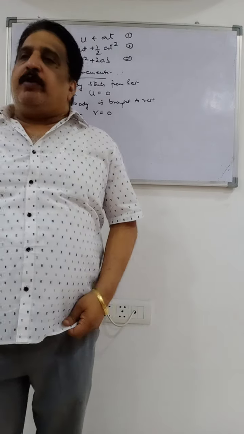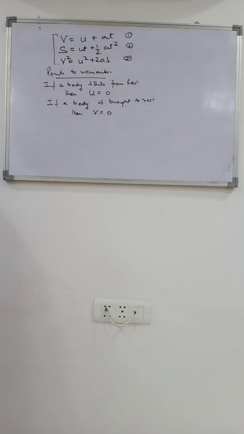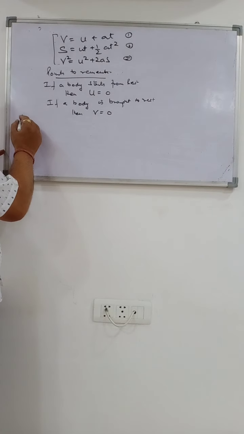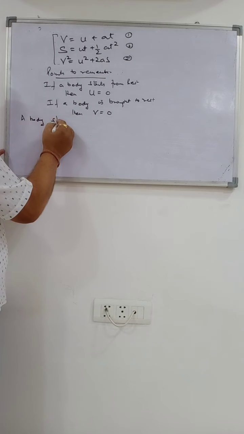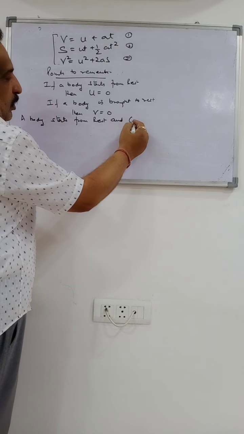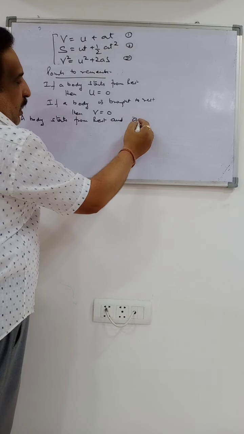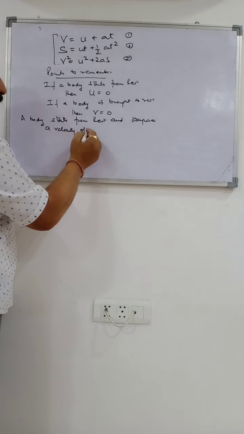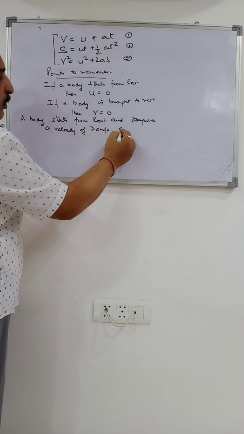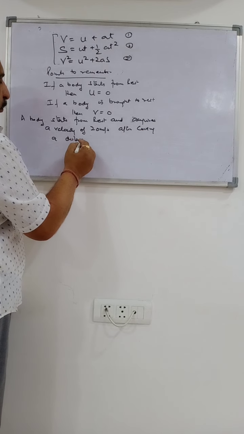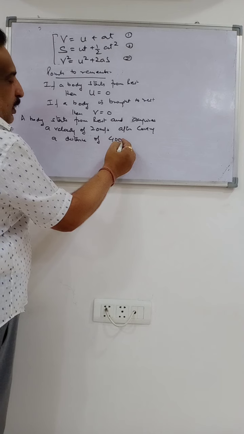If a body starts from rest, then u is zero. If the body is brought to rest, then v is zero. Is that clear? Now I will start with the numerical. A body starts from rest and acquires a velocity of 20 meter per second after covering a distance of 400 meters.